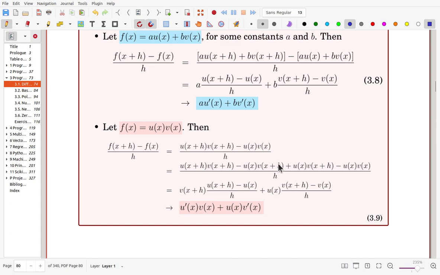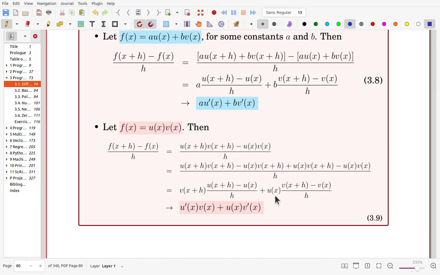Now, we try to subtract this term from the numerator and add this term. So these two are the same, and we separate it out. For these first two terms, we have v(x plus h) and we can put it here. And for the last two terms, now u(x) is common, so we put it here.